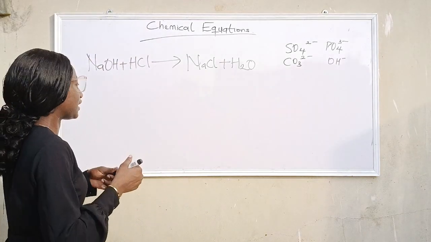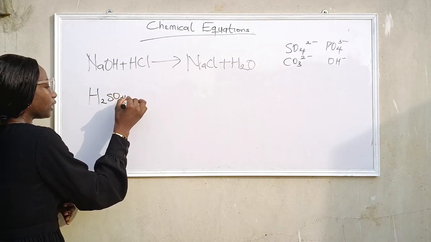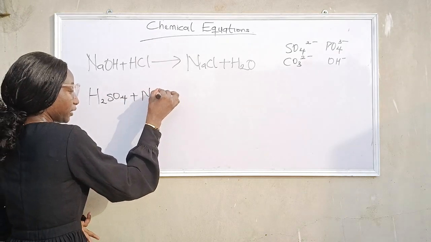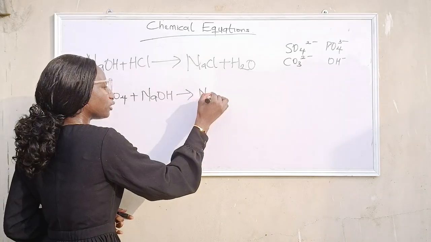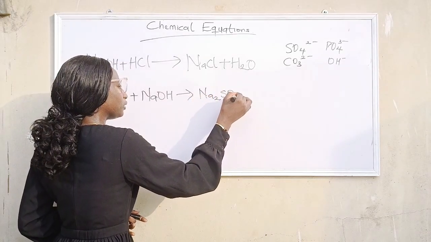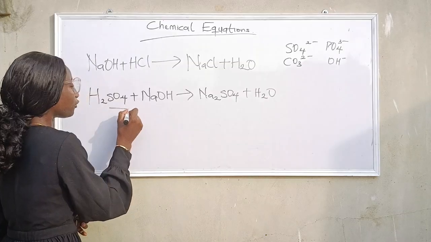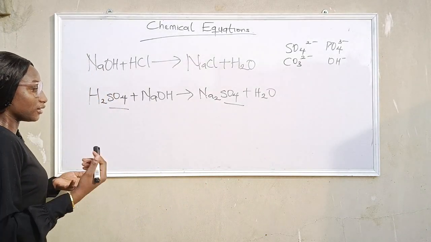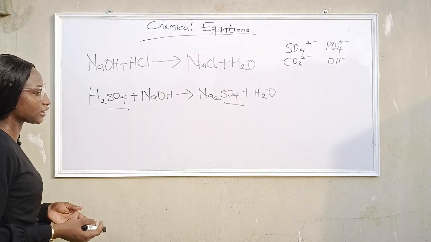For instance, let's look at H2SO4 plus let's say NaOH, so we have Na2SO4 to give you H2O. You can see SO4 here is still the same SO4 there. It's still taking the same form.